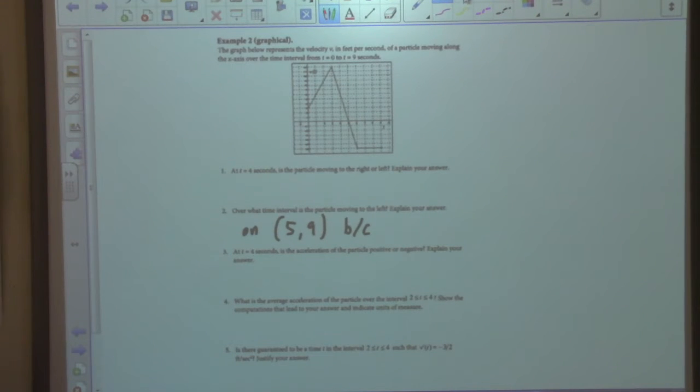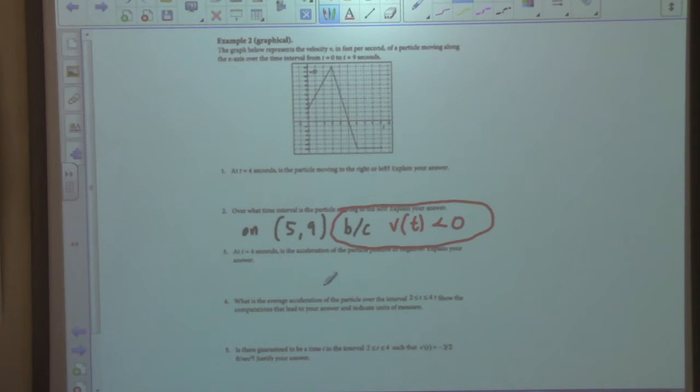Because v of t is less than 0, or negative. This is a very common justification. Or because v of t is greater than 0, it's positive.